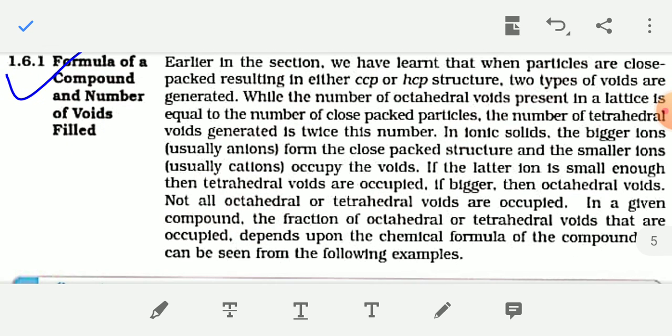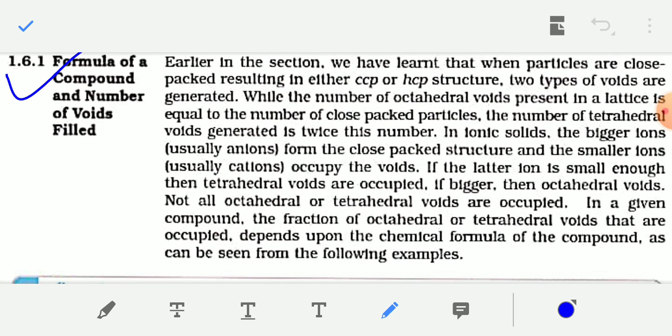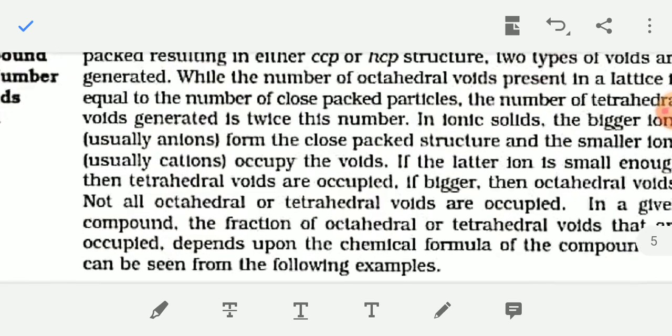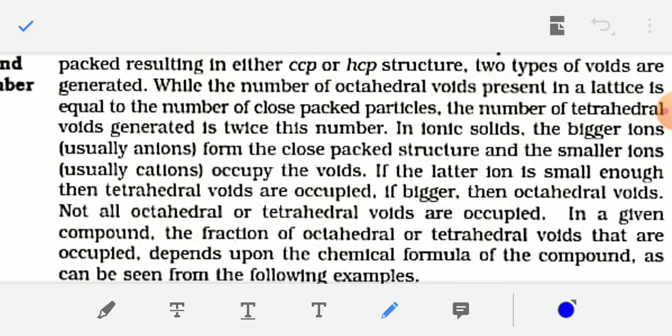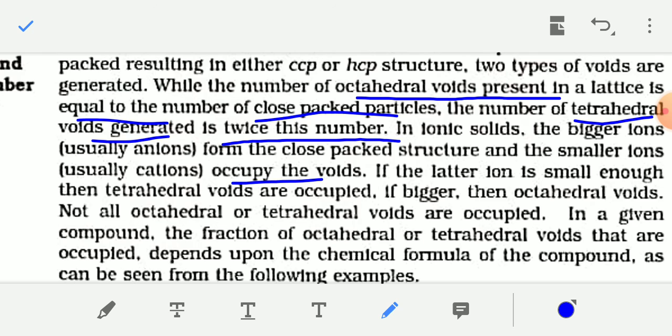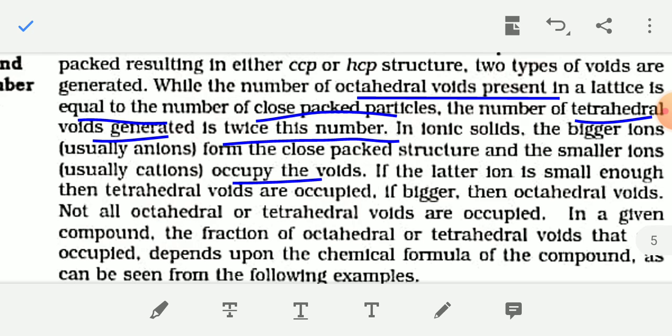The number of octahedral voids present in a lattice is equal to the number of close packed particles, and the number of tetrahedral voids generated is twice this number. In ionic solids, the bigger ions, usually anions, form the close packed structure, and the smaller ions, usually cations, occupy the voids.